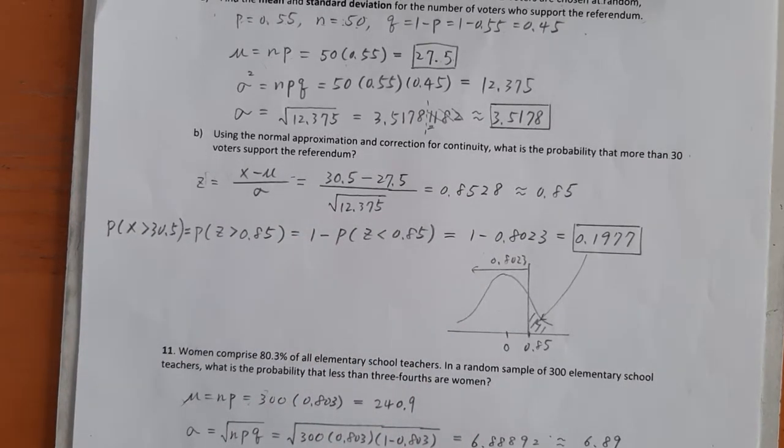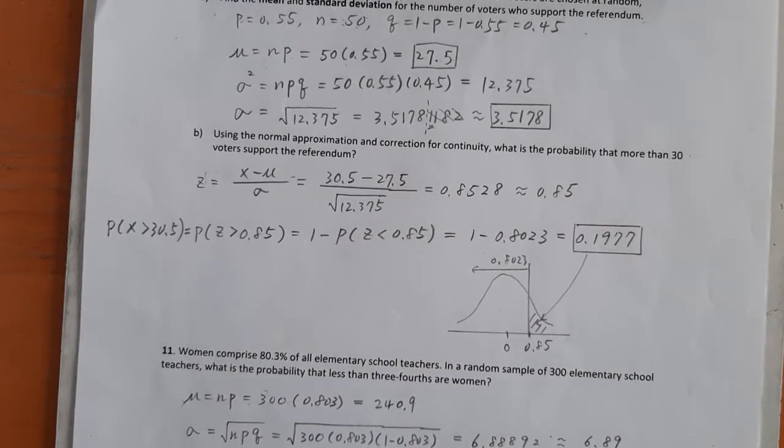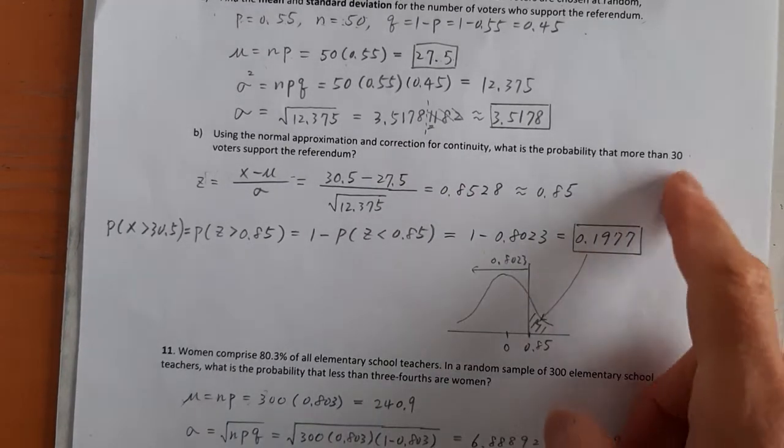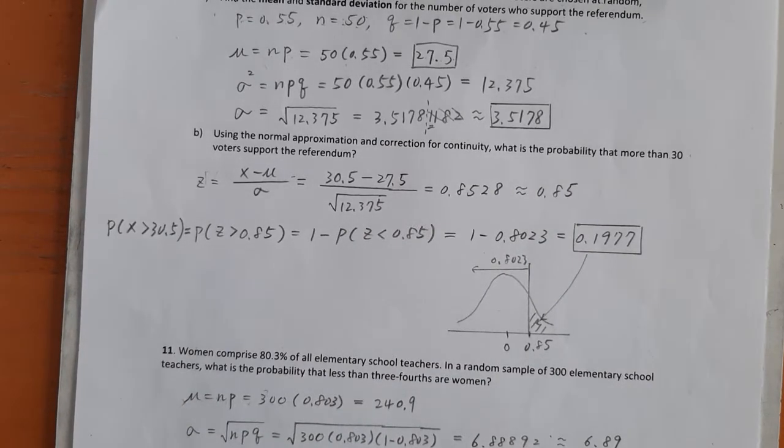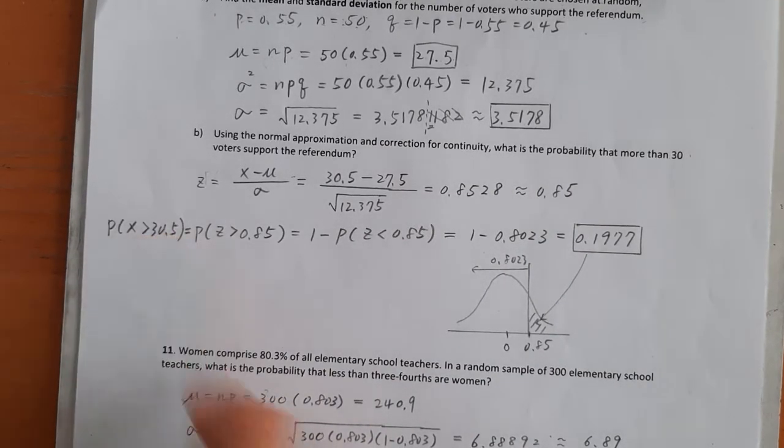Consider continuity: more than 30 does not include 30, so we have to move a little bit to the right. So we're looking for the probability of x greater than 30.5.